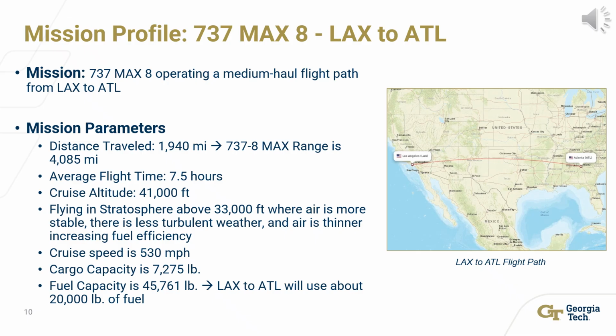The cruise speed for this flight is 530 miles per hour. The cargo capacity for a 737 MAX is 7,275 pounds, and the fuel used on this flight will be about 20,000 pounds, or a little under half of the 45,000 pound fuel capacity for a 737 MAX.